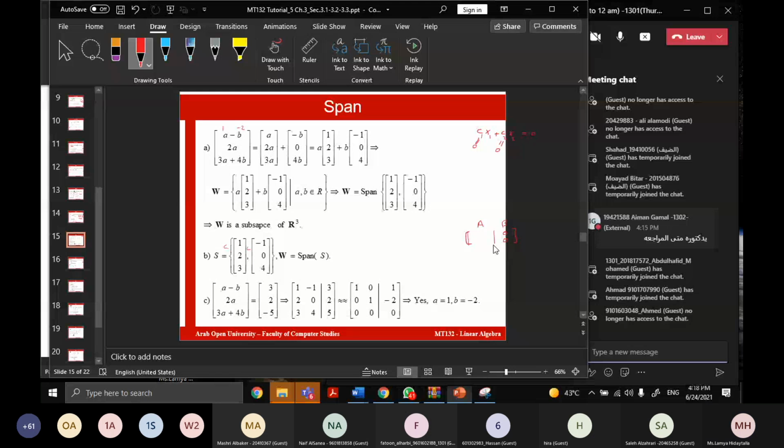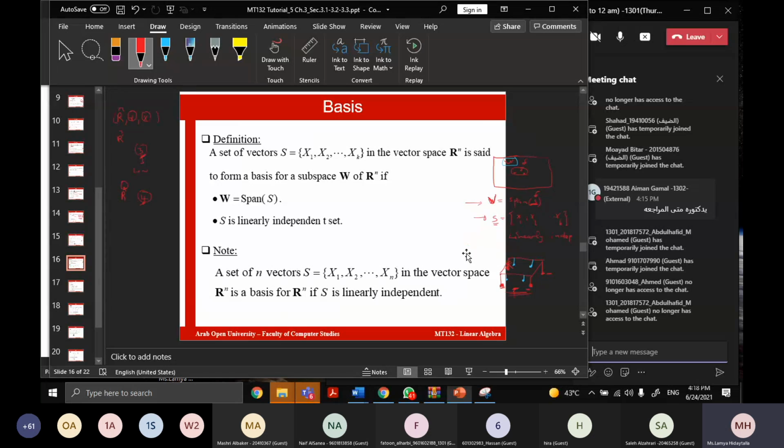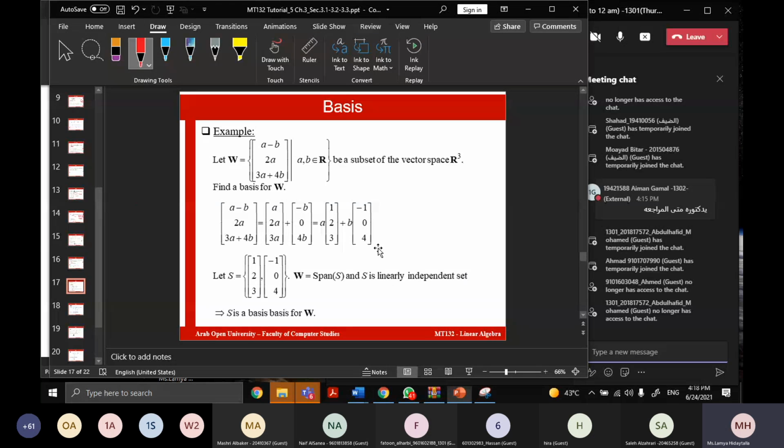Correct? Reduce to the echelon form and find the values of C1 and C2. If you find C1 C2 are equal to 0 خلاص you're done. يبقى it is linearly independent.